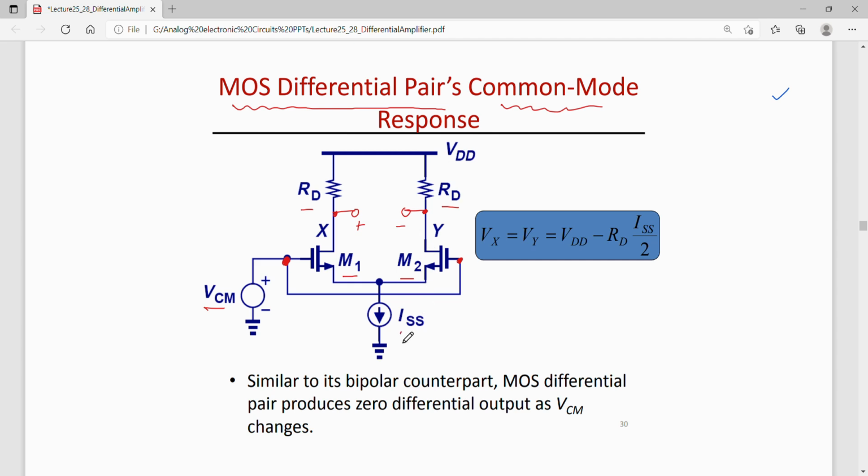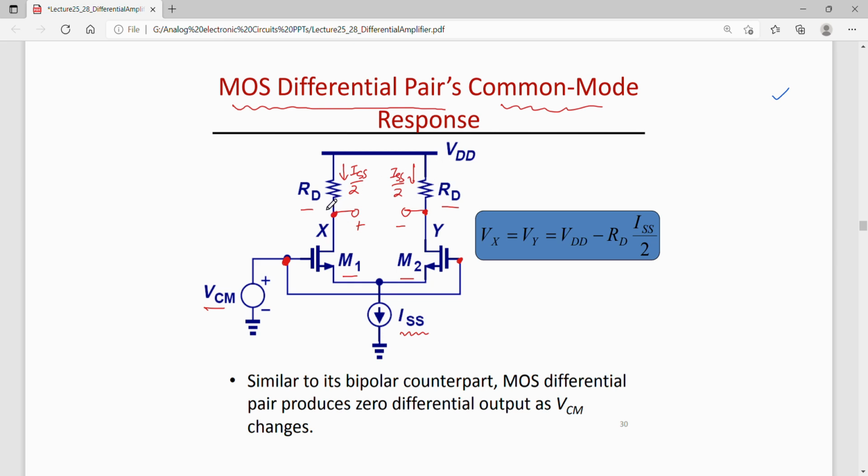And let us say that a tail current is also attached here, ISS. So one can find out the potential at this point X and Y by knowing that current through each transistor is ISS by 2, that is half of the tail current. So one can find out this potential, which will be equal to VDD minus drop across this drain resistance.